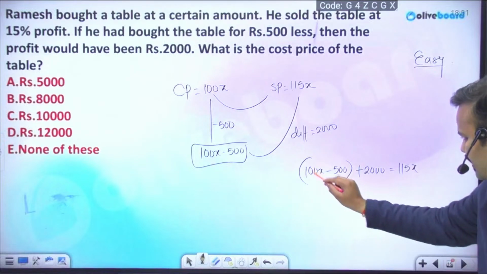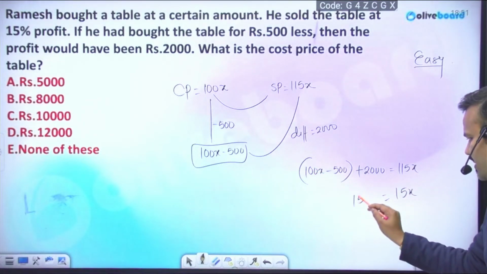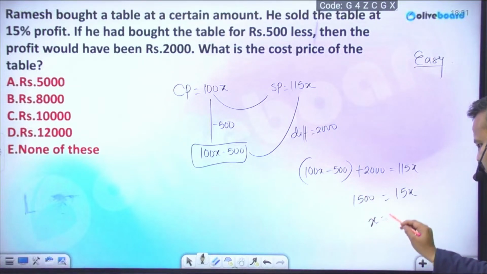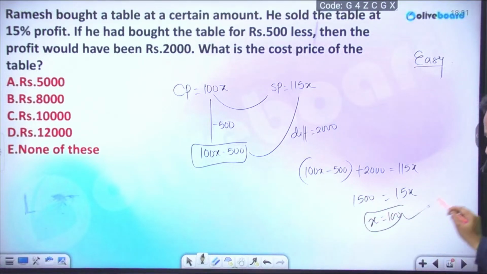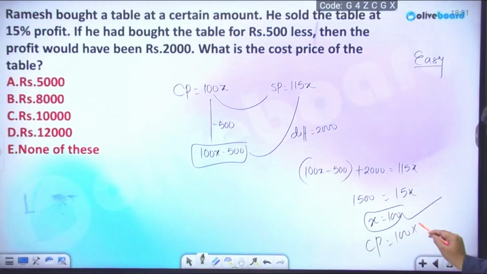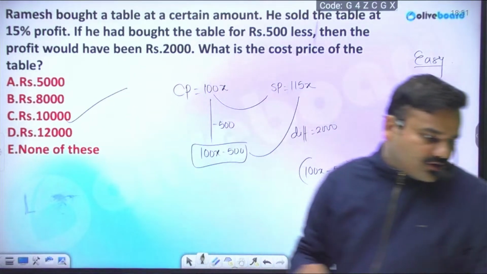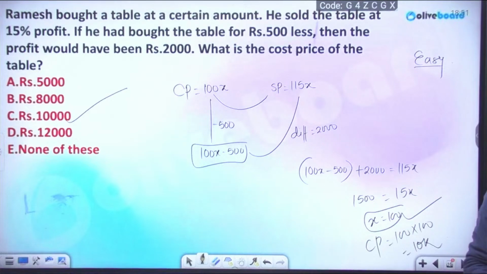So this 100x will cancel. This will be 15x, and this is 1500. So x is equal to 100. If the value of x is 100, what is the cost price? CP will be 100 times x, that is 10,000. So the cost price of the article has to be 10,000.